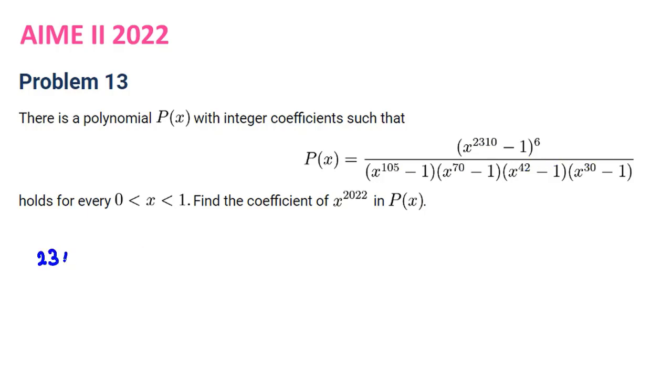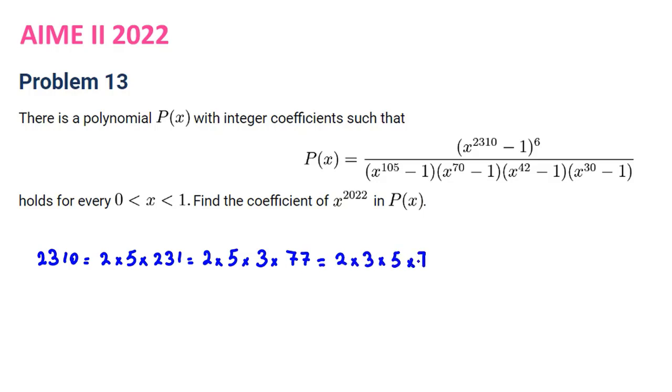So let's prime factorize these numbers. 2310 is 2 times 5 times 231. 231 is a multiple of 3, by the sum of the digits, 3 times 77. So we can write it as 2 times 3 times 5, and 77 is 7 times 11.